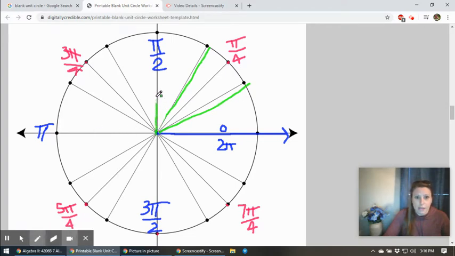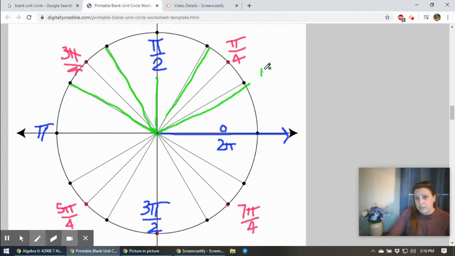And here, let's see if I can go this way. This one and this one. I've basically taken this pi radians and I've divided it into 6 equal pieces. 1, 2, 3, 4, 5, and 6. So each one of these is going to be a 1/6 of a pi.